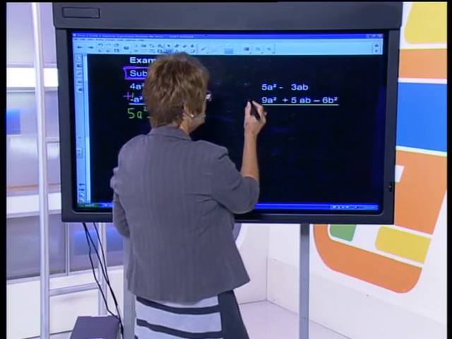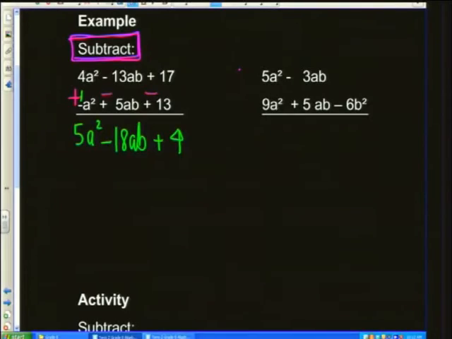So the bottom ones: from a positive it becomes a negative, negative 5ab and positive 6b squared. And that changes, do it with a pencil or the other colored pen. And now I can add. 5a squared minus 9a squared gives me negative 4a squared.